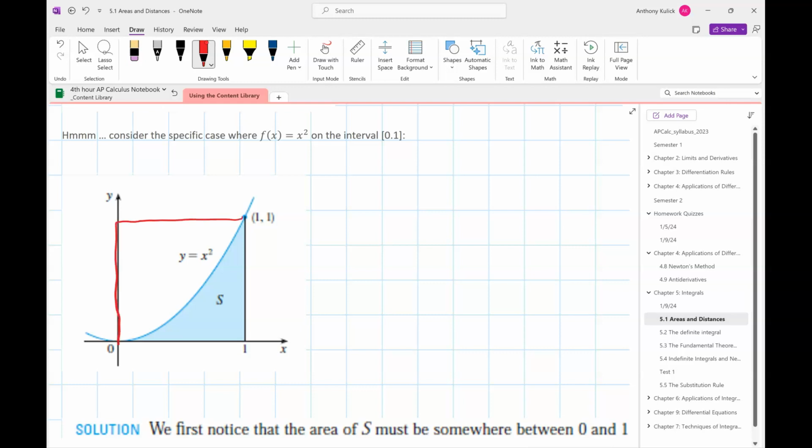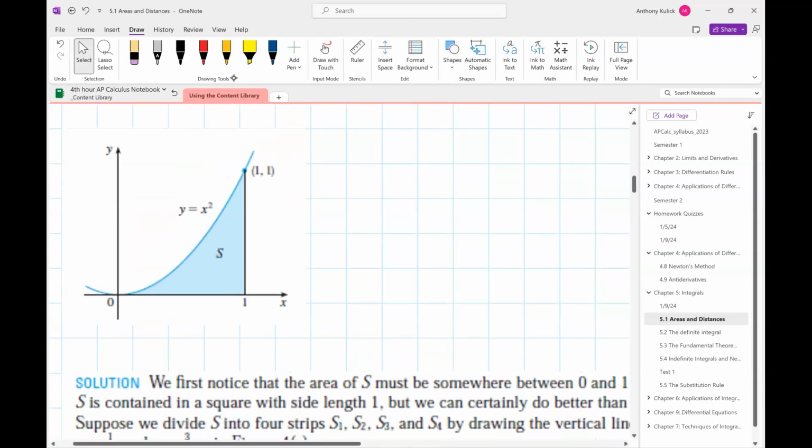And if I think about this square, it's a 1 by 1 square. So the area that I'm looking for has to be somewhere between 0 and 1. Everybody can see that. That's kind of trivial to say, but what we're going to do is try to upper and lower bound this tighter and tighter until we sandwich it together, which should sound familiar. It's a little squeeze theorem-y.